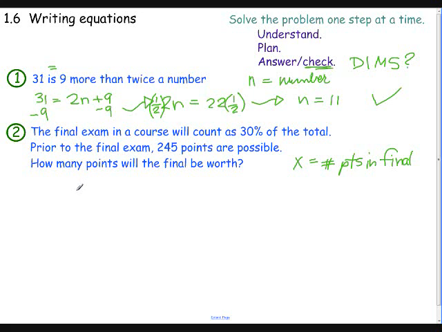The final course in an exam will be 30% of the total. Well, let's figure out what the total is. How can we write that algebraically? We don't actually know what it is, do we? We know that it's 245 points before we take the exam. So after we take the exam, it's going to be 245 plus x. Now somehow I've got to work this 30% in, don't I?